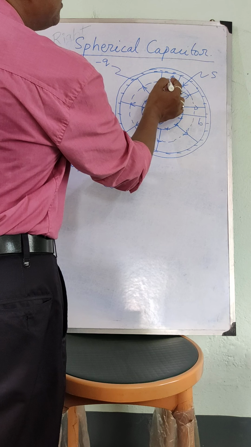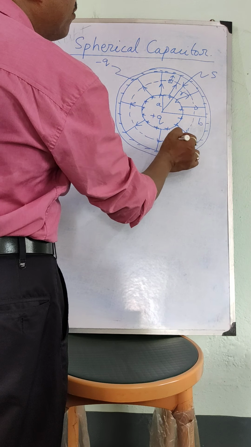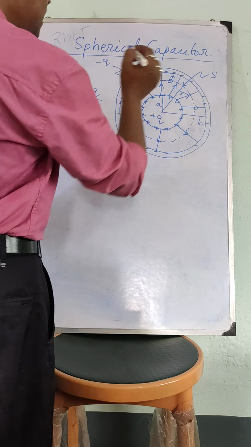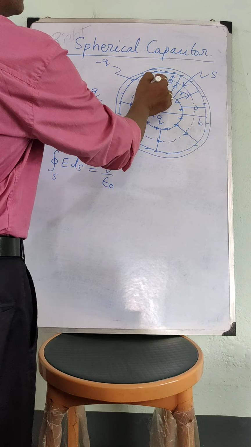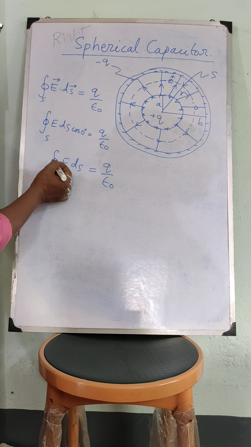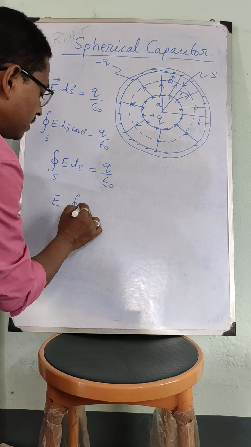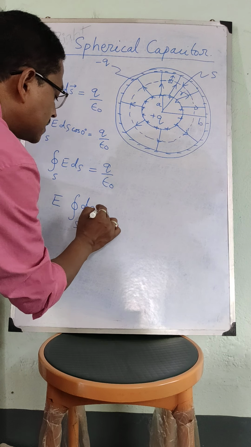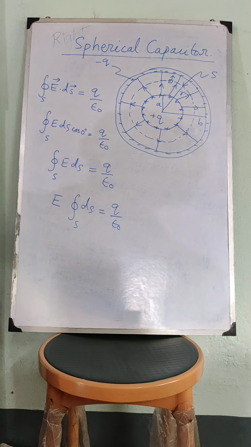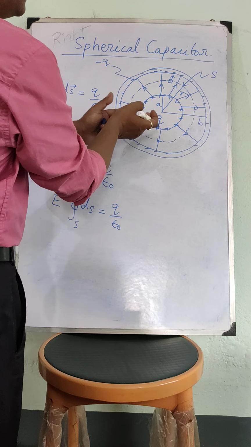Now from spherical symmetry, you can see that the magnitude of the electrostatic field on the Gaussian surface is a constant. So on S, E is constant. So I can bring E outside the integral sign. So I will have E times integral of ds over S equal to Q by epsilon 0. Now, S is the surface of a sphere of radius r.